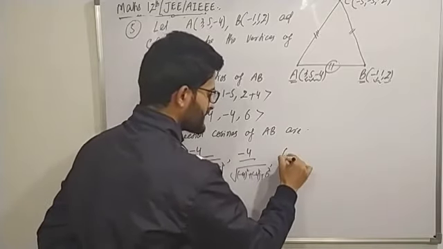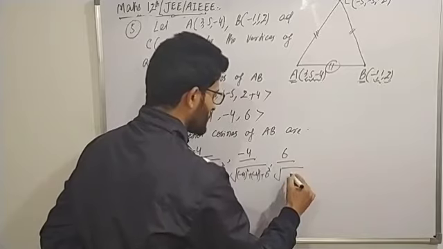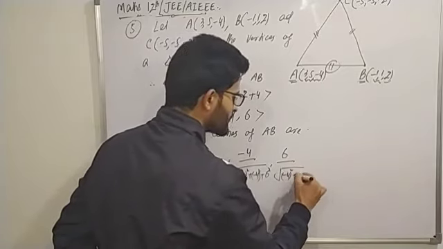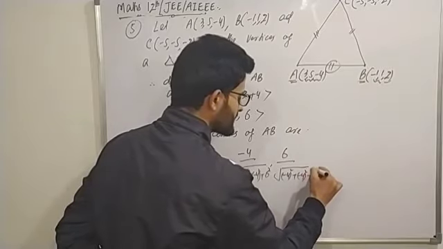And finally we have 6 divided by non-negative square root of, yes, again the same thing, -4 square plus -4 square plus 6 square.